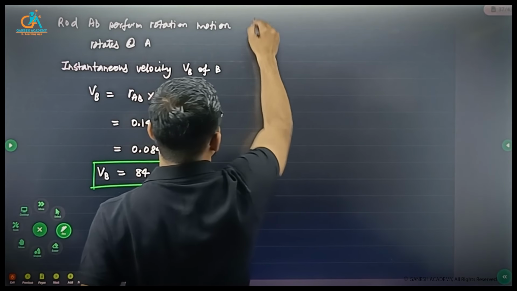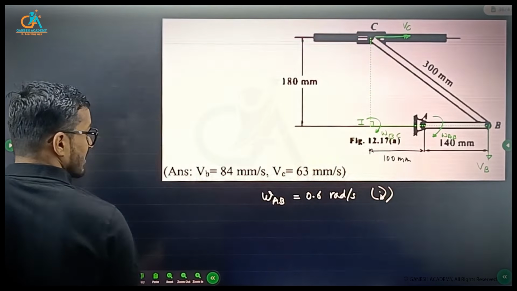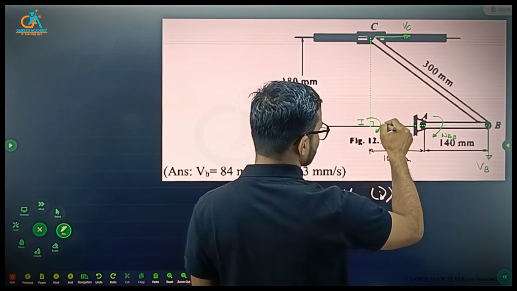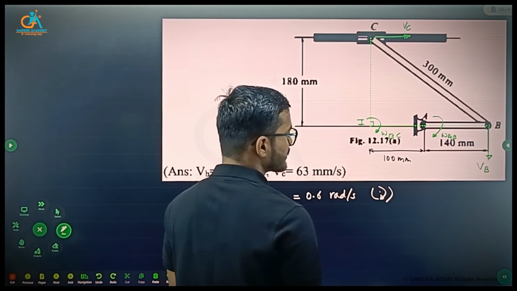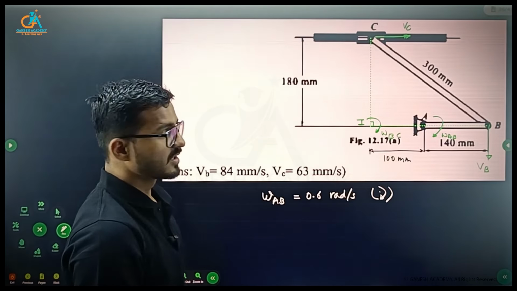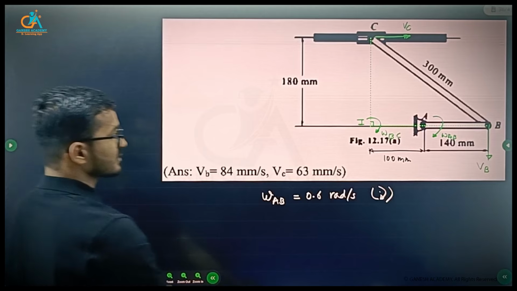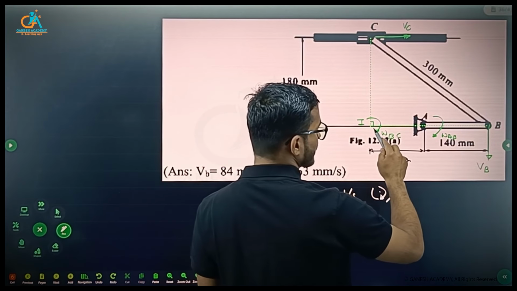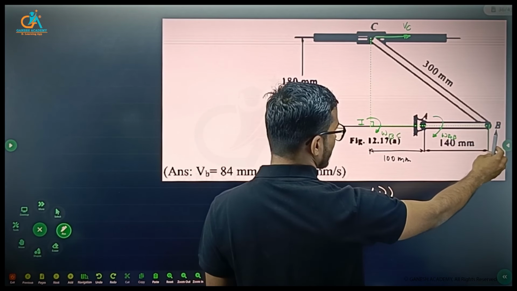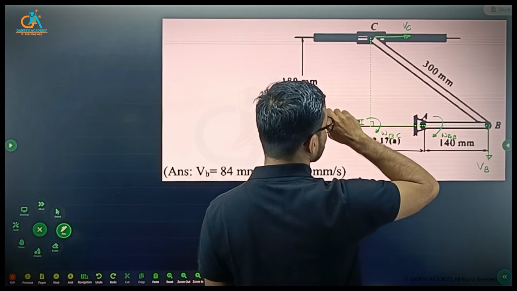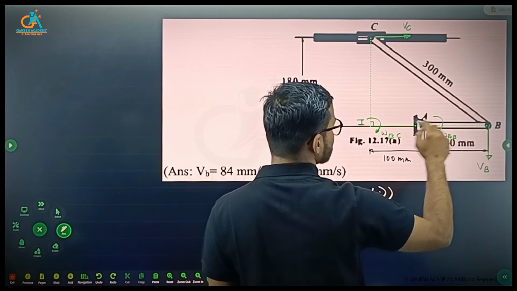Now we have already located I. Now we can find the angular velocity of BC. We can use the same relation, V is equal to R omega, where VB is for the general plane motion performed by rod BC.